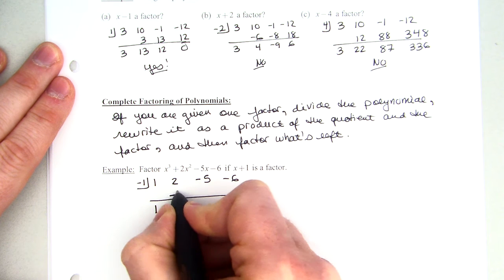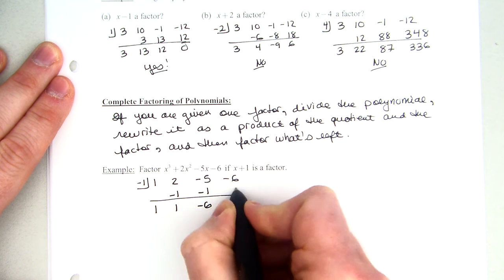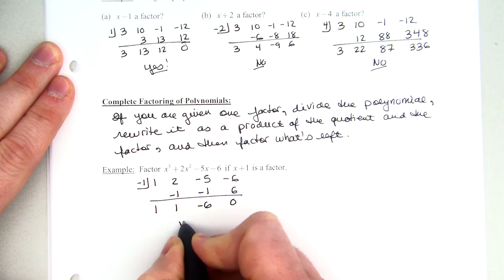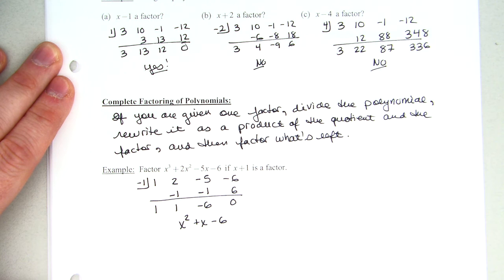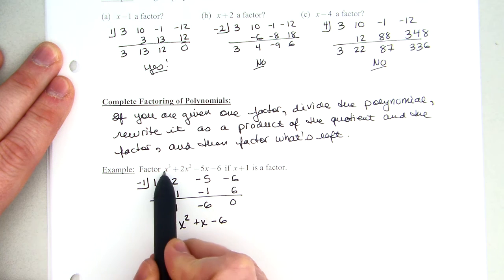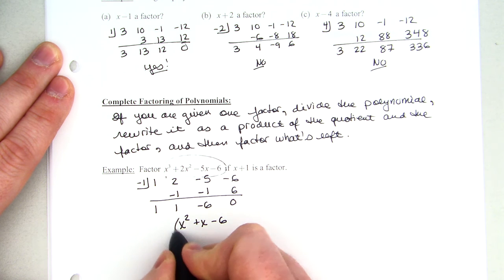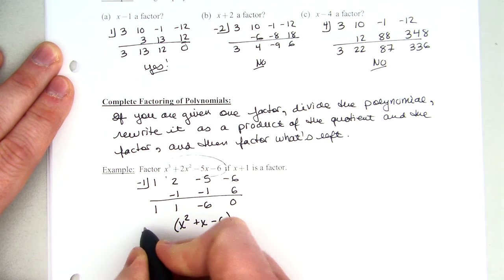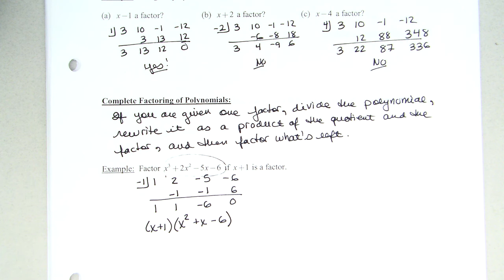I'm going to get 1, negative 1, 1, negative 1, negative 6, 6, 0, which gives me the polynomial x squared plus x minus 6. And this original polynomial can be rewritten as a product of that quotient times the factor that I gave you. My factoring will look like x plus 1 times x squared plus x minus 6.